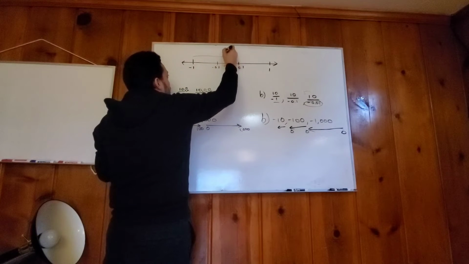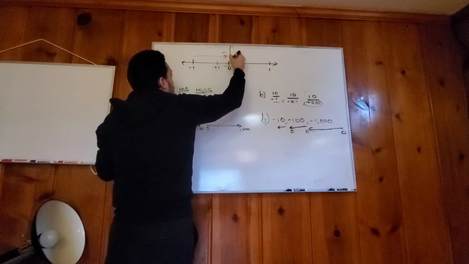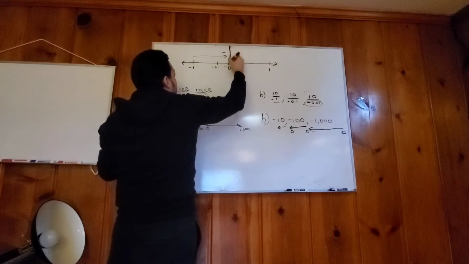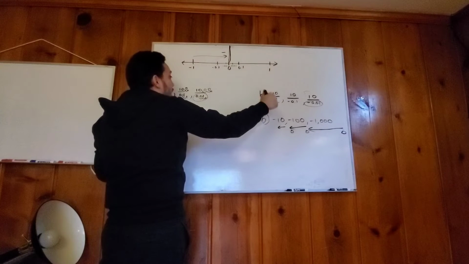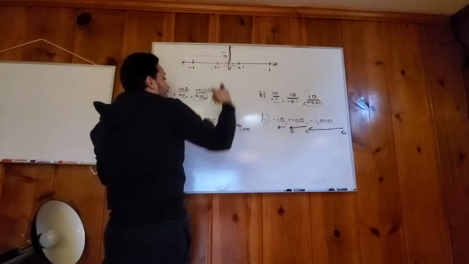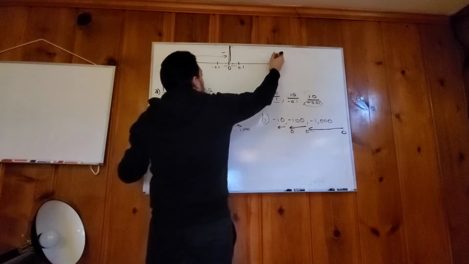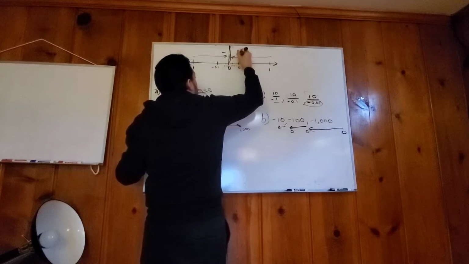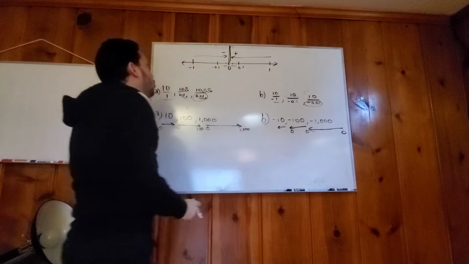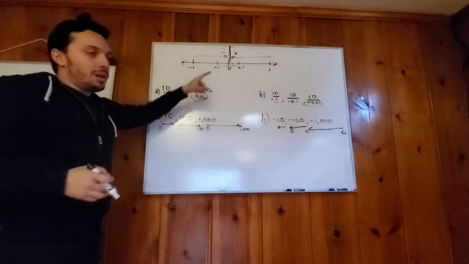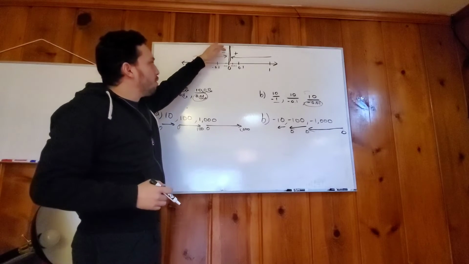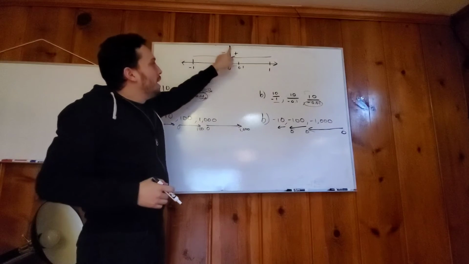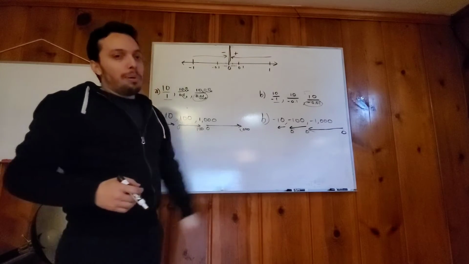So the closer we get to 0, we get a lesser and lesser number, because negative 1,000 is less than negative 100, which is less than negative 10. But as we get closer and closer here, we're going to get a higher and higher and higher number. This is why it's impossible. Because if we look from the left, it's going to be negative. And if you look from the right, it's going to be positive.